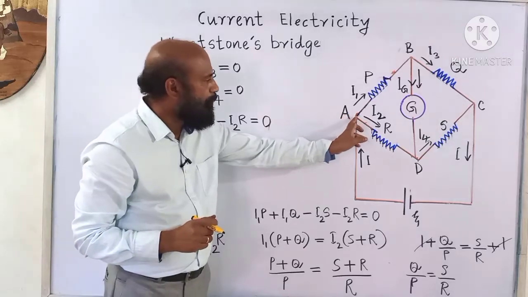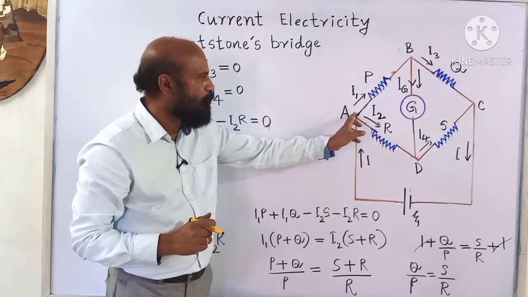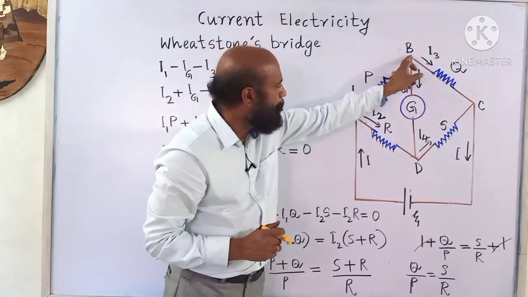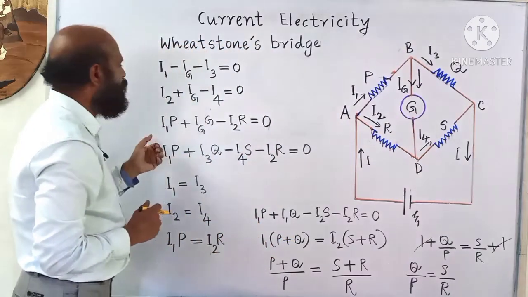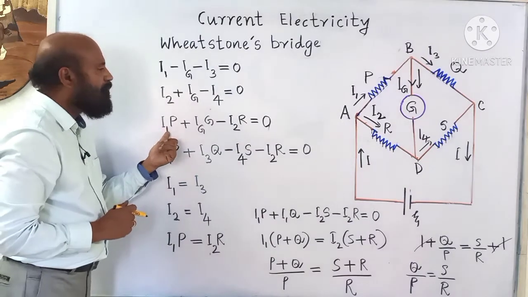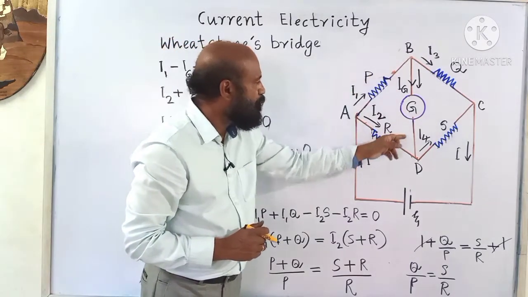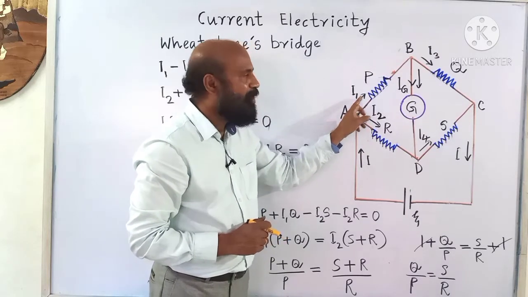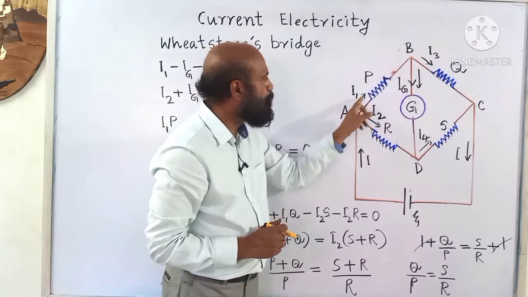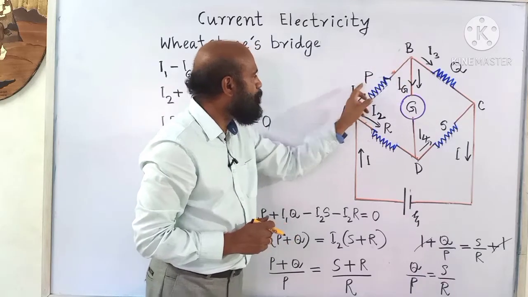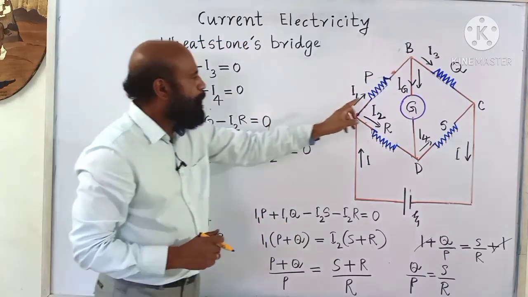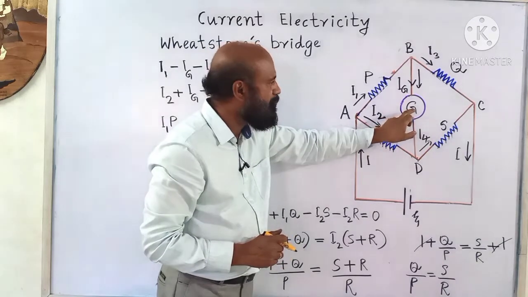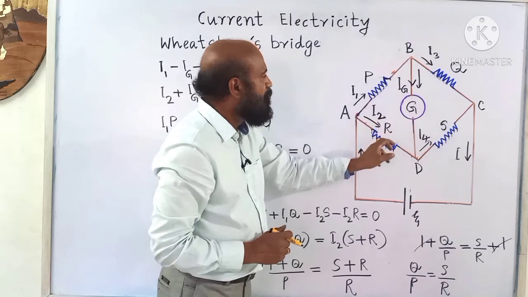Next, you apply Kirchhoff's second rule, or the voltage rule, to the closed loop A, B, D, A. Here this is the direction of the loop. Here the direction of the current is the same as the direction of the loop, so I1P plus IgG, where galvanometer resistance is G and current is Ig.